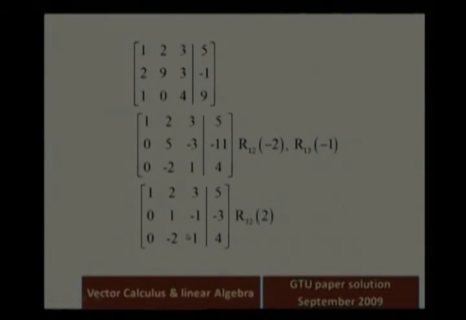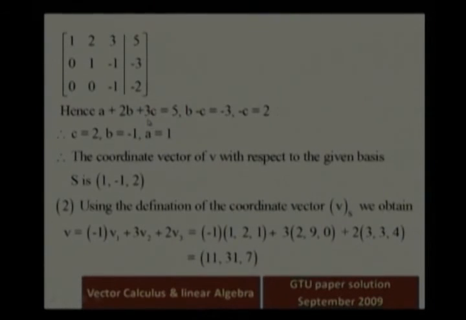Now this matrix is in row echelon form. From this matrix we can write down the equations: a + 2b + 3c = 5, b - c = -3, and -c = -2.